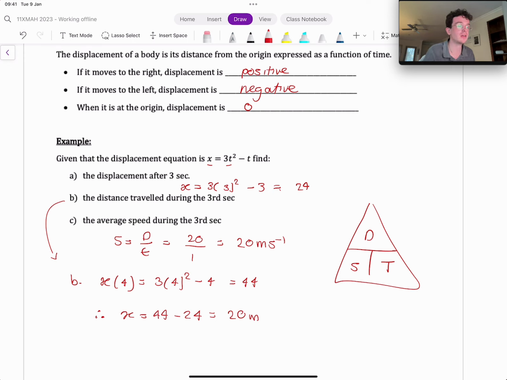Here you can see if you cover up speed, you get speed as displacement over time. So the average speed is 20 meters per second. We indicate that by meters per second, we say ms minus 1, or you could say 20 meters per second like that. It means the same thing.